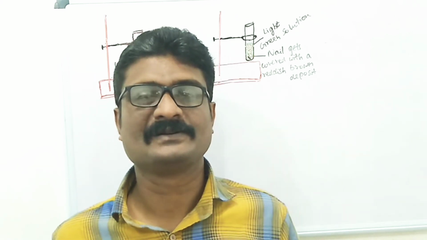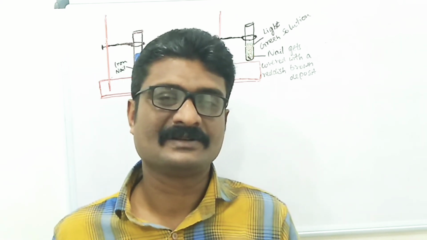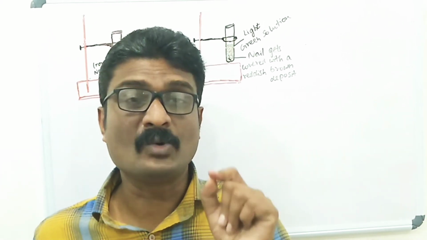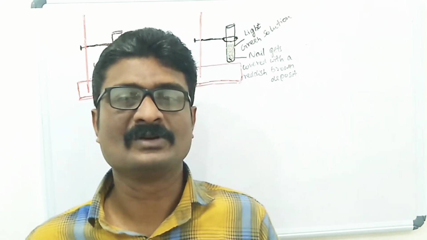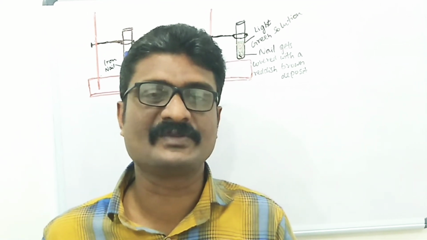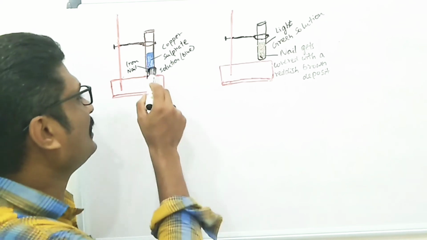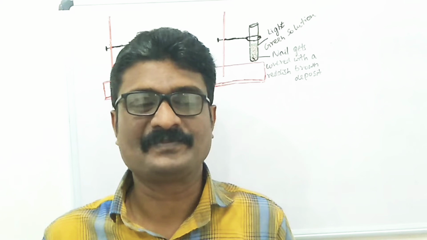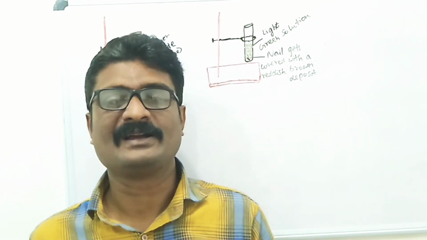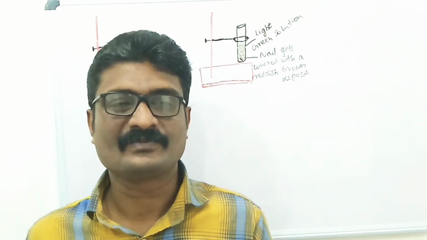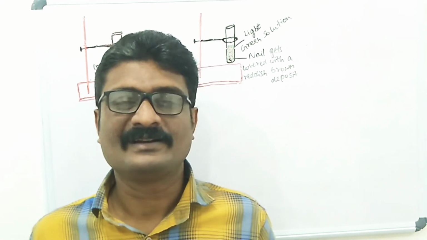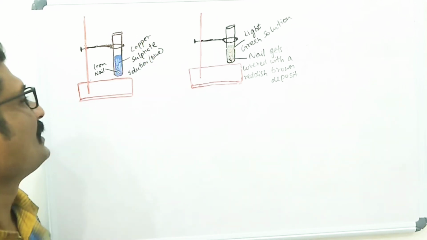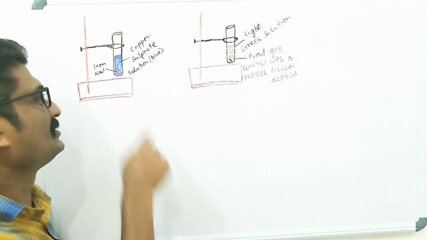First step, take a small quantity, about 10 grams, of powdered copper sulfate crystals in this boiling tube. Then the second step, add water and a few drops of dilute sulfuric acid.